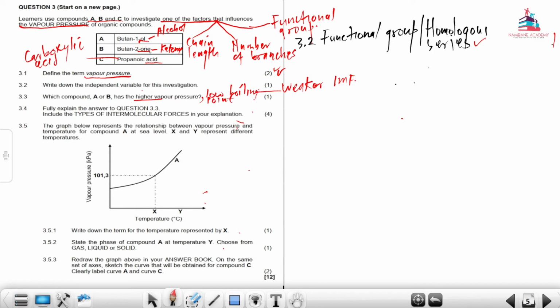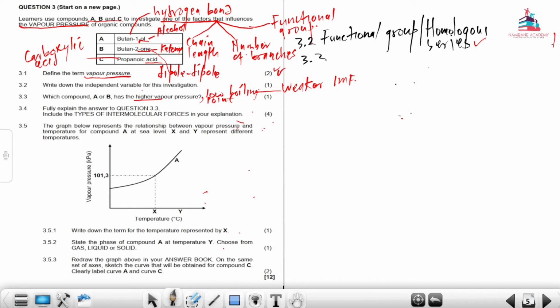Let me further write here that for B, I have dipole, it's a ketone. And then for A, it's an alcohol, so hydrogen bond. Definitely we know hydrogen bonds are stronger than dipole.